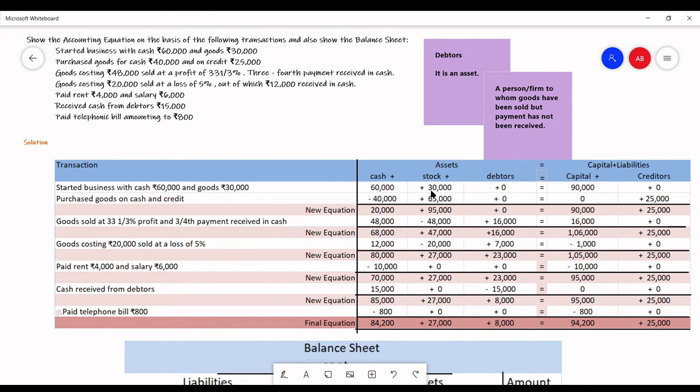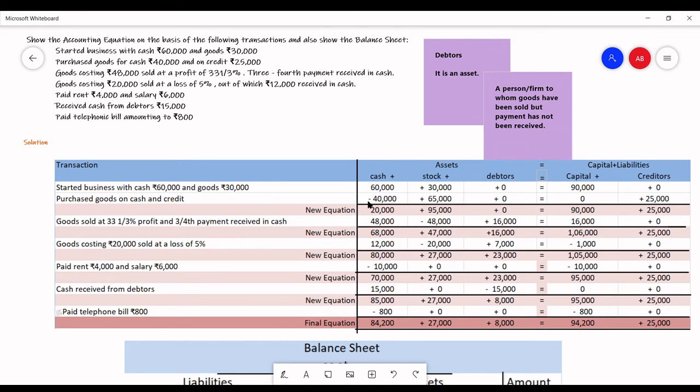So my stock will be increased by 65,000, which I have added to my stock. Now amongst this amount, 40,000 is for cash. So my cash is reduced by 40,000 and the remaining balance I have not paid yet, but I need to pay at a future date. So my creditors will increase by 25,000.